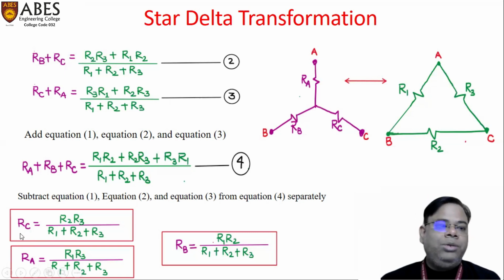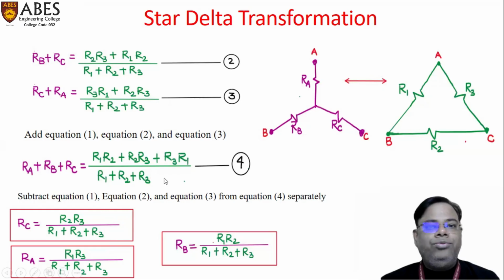Now, the final expression of RC is equal to R2 R3 divided by R1 plus R2 plus R3. Similarly, after subtracting equation number 2 from equation number 4, if we subtract RB plus RC from RA plus RB plus RC, then the remaining term would be RA.